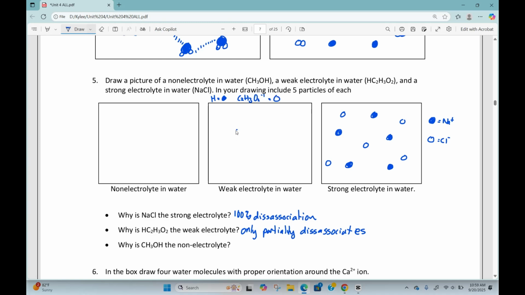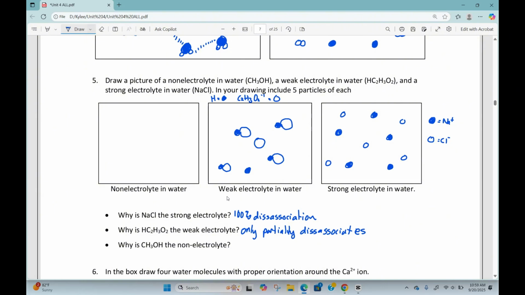So when we have something that is only a weak electrolyte, that means most of them are going to be still together. So I'm going to draw 5 of these where they are still attached. The hydrogen is still attached to the acetate ion, but then I would show 1 where they have been separated. So that's an example of a weak electrolyte.